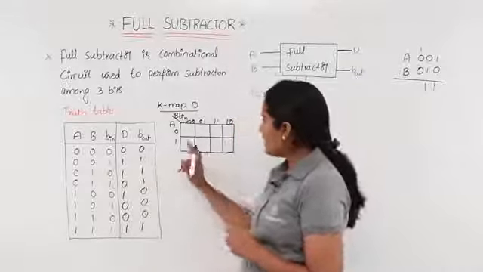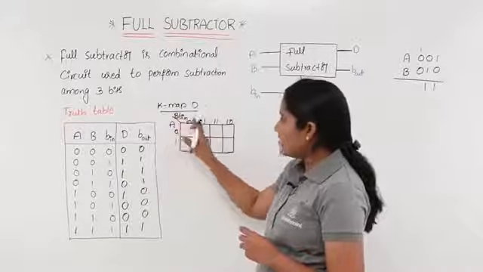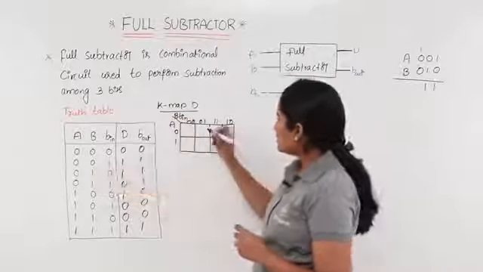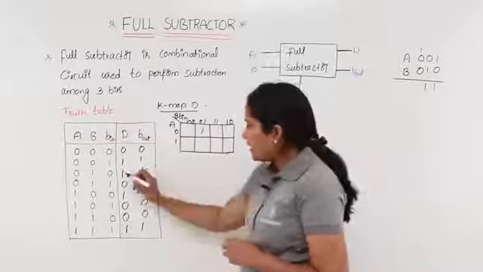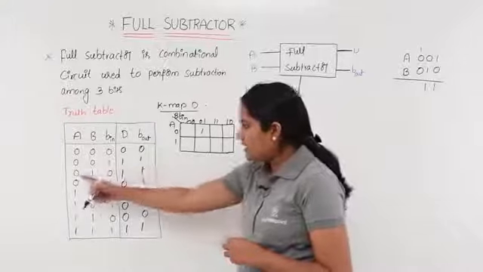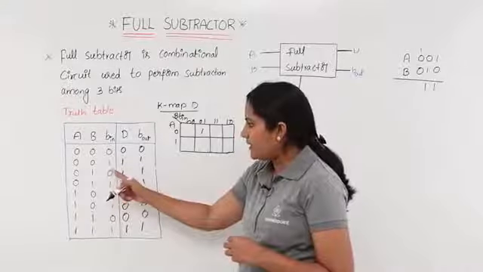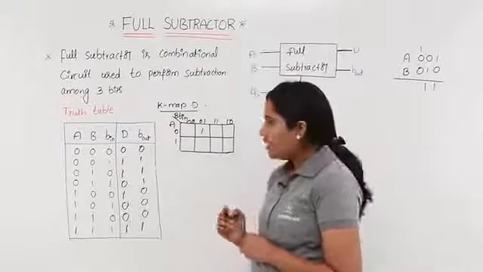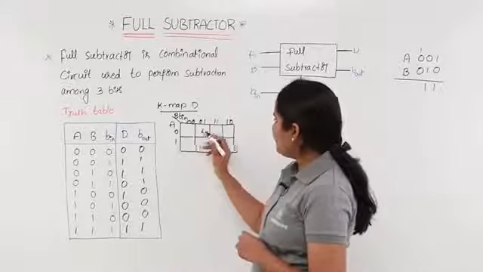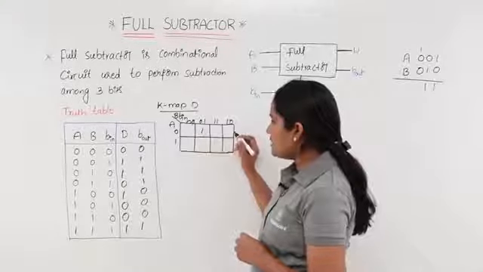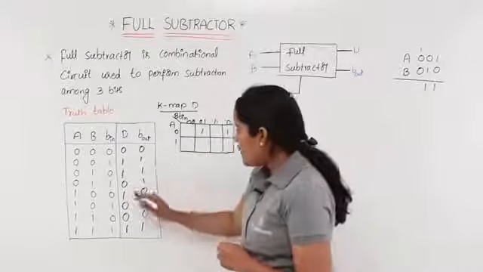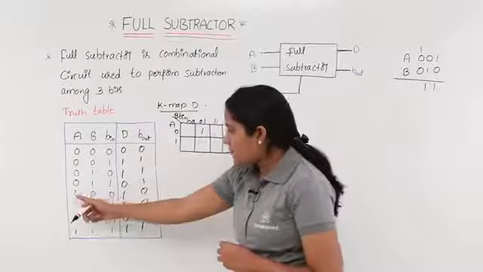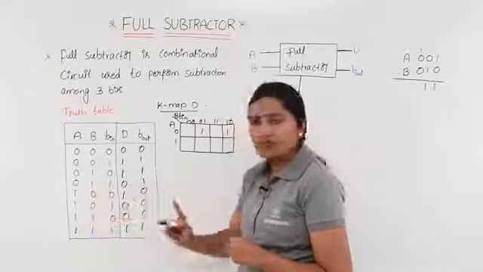So here A is equal to 0, B, B in is equal to 0, 1, so here you are having 1. And then another one is here, that means A equal to 0, B, B in is equal to 1, 0. And then you are having another one at A is equal to 1 and B, B in both zeros.